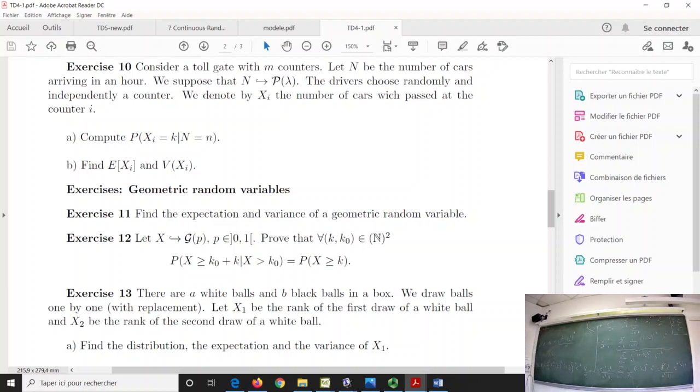So more than this computation, a natural way to pass from this one to this one is to try to compute the distribution of xi and to say, I know these conditional probabilities, and in the course, a result that allows me to pass from conditional probabilities to probability is the law of total probability. So I have a partition and I can use this law of total probability in this situation.